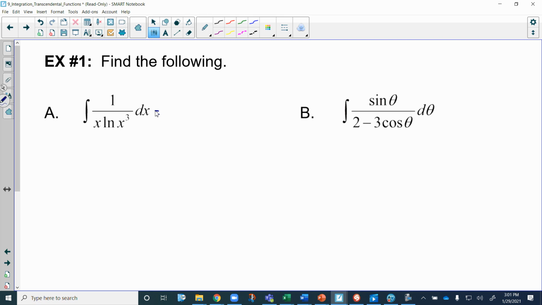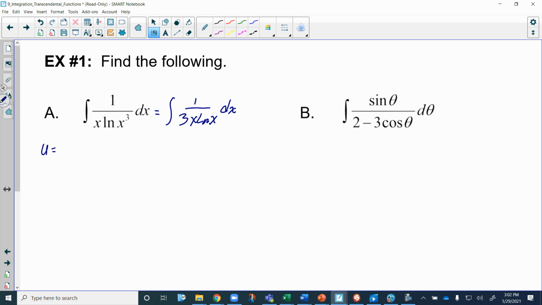I don't feel like necessarily breaking it up completely, but we can look at it as the indefinite integral of 1 over 3x natural log of x, using that property, the power property of the logarithms, dx. We're just taking that exponent of 3 and moving it into the front of the logarithm. So this is where we're going to start doing our U substitution.